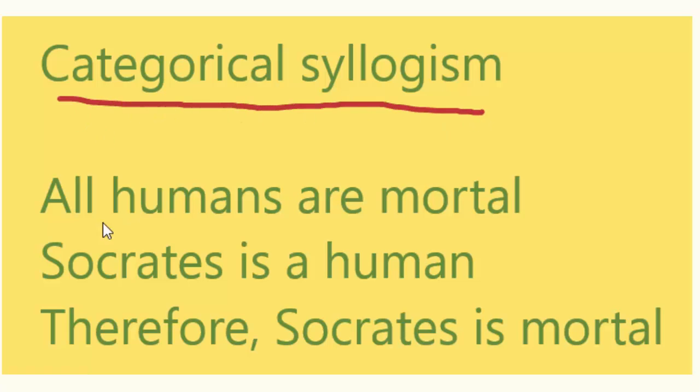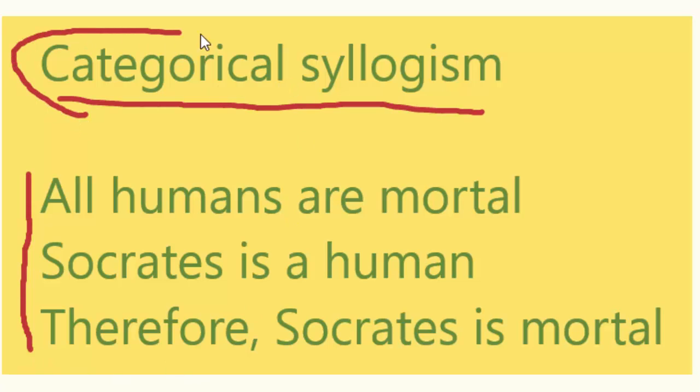So it says, all humans are mortal. So all humans are the kinds of things that can die. Socrates is a human. The famous philosopher really was a human, but let's go with that. Therefore, Socrates is mortal.